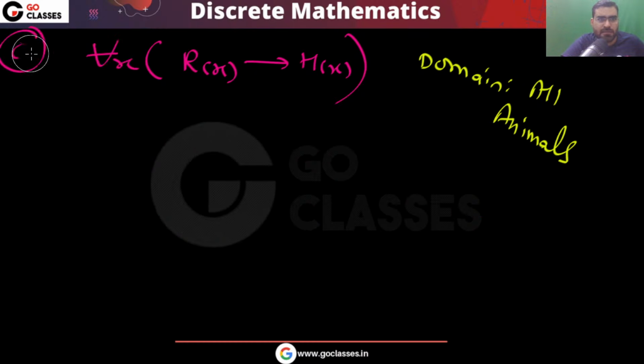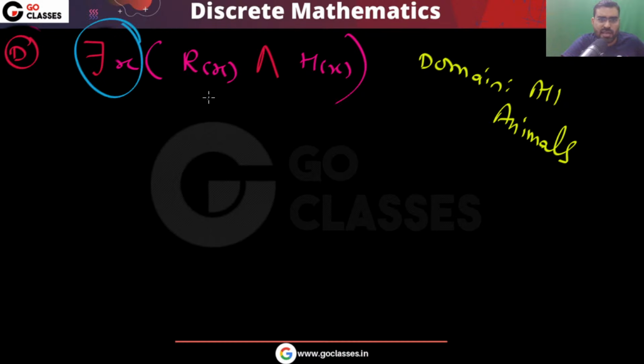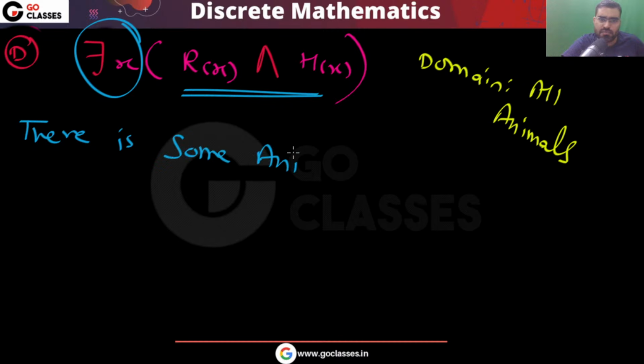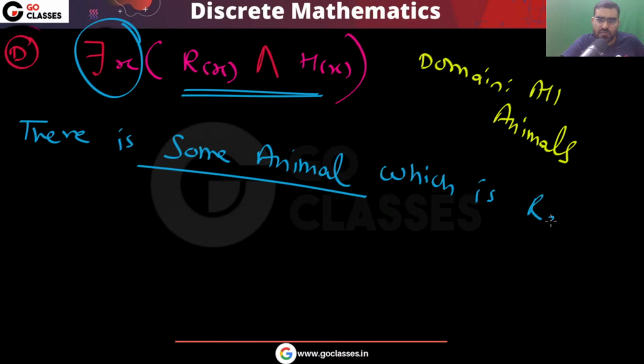What is statement D? Let's see statement D. The statement D is there exists X. What does this say? This says that there is some animal which is a rabbit and hops. So it simply means there is some animal which is a rabbit and hops.